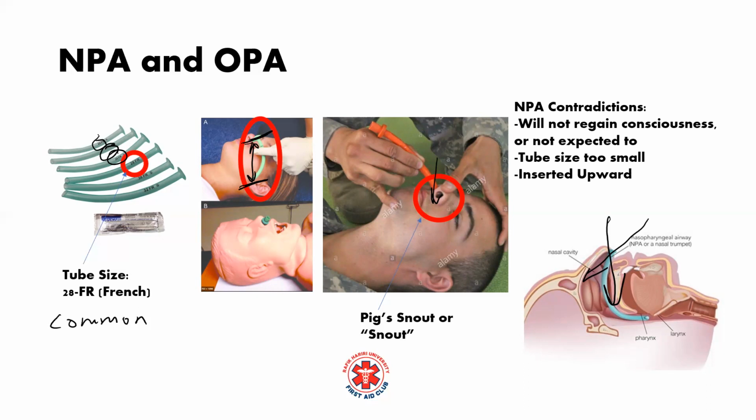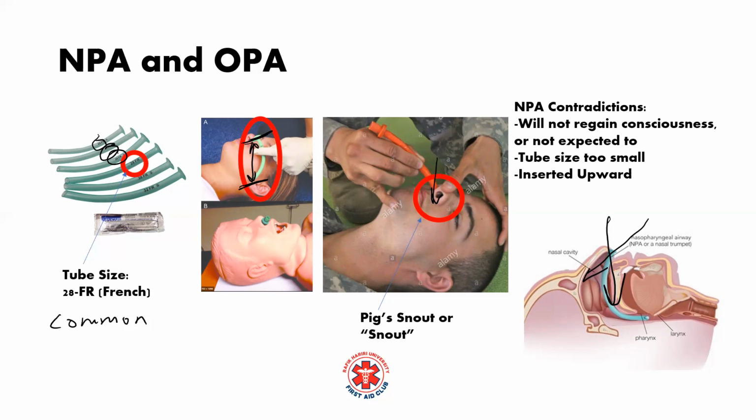People were losing consciousness, but once they were in an area with open air, they regained consciousness. But as medics, what we do is we put the nasopharyngeal airway and it will not get dislodged. They will be able to wake up, okay, and then they can pull it out later.